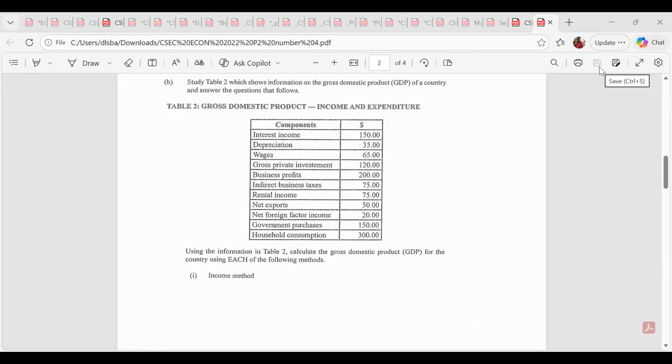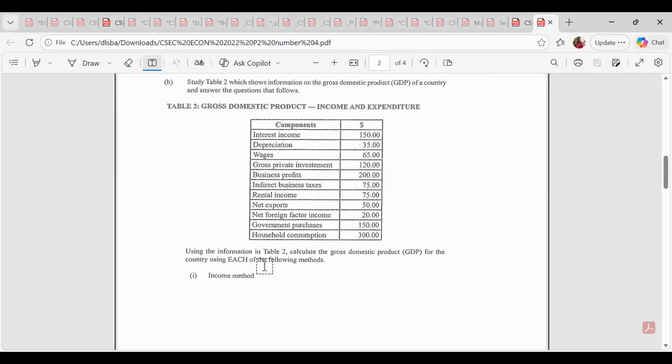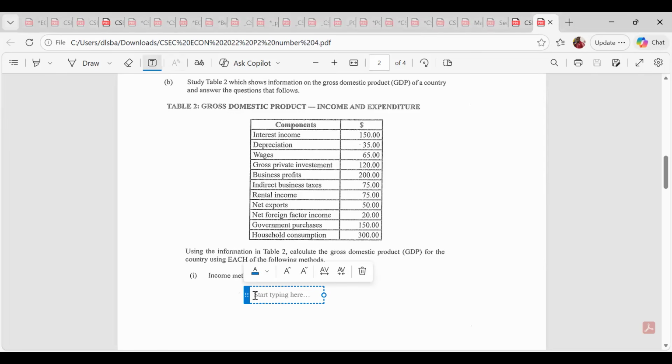The factors of production. You're starting off with the rewards from the factors of production. Land is rent. Labor is wages.